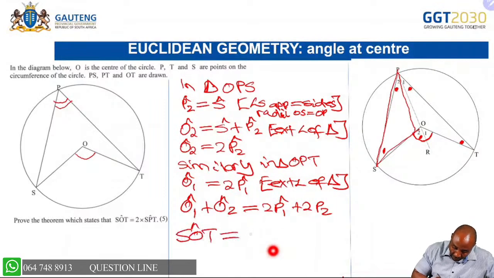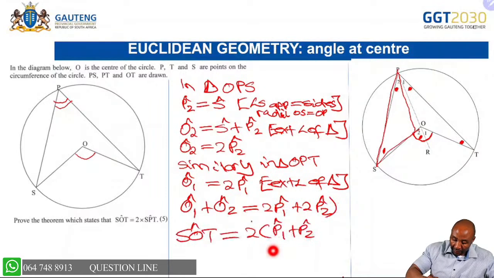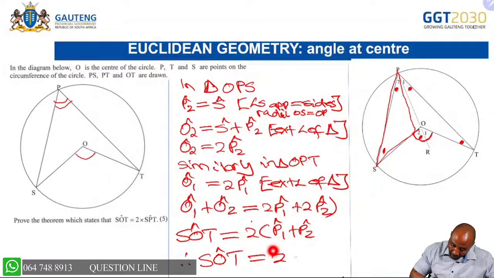And if I take out a common factor here, I'll remain with 2 times P1 plus P2. But P1 plus P2 gives me my angle SPT. So therefore, SOT is equal to 2 times my angle SPT.